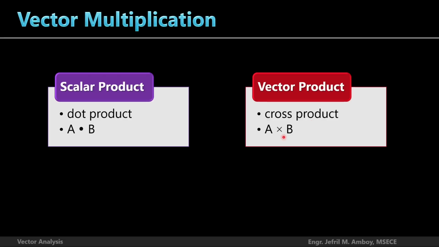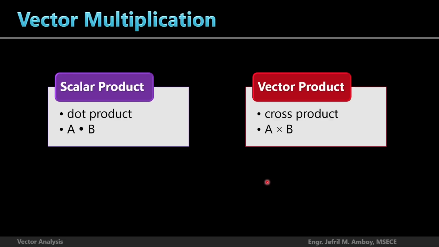Cross product is indicated by the use of a cross, this sign, which is the usual multiplication sign. That's why it's called a cross product. So remember, the dot product is a scalar and the cross product is a vector product.